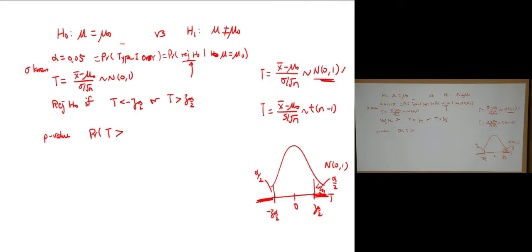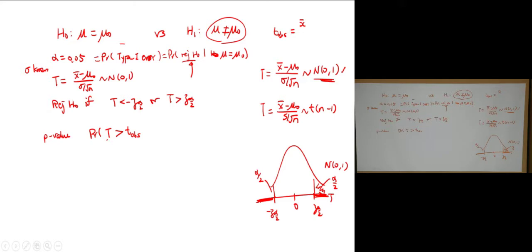For the p-value, unfortunately for two sides, it's a little bit more complicated, in deciding whether this observed value is extreme or not. What is T observed? T observed is really computed from the data. This is still a random variable.